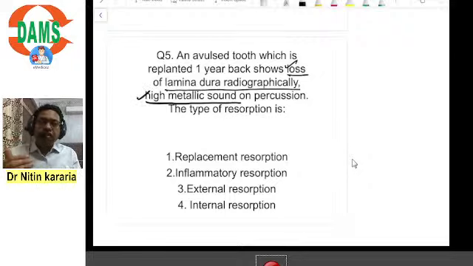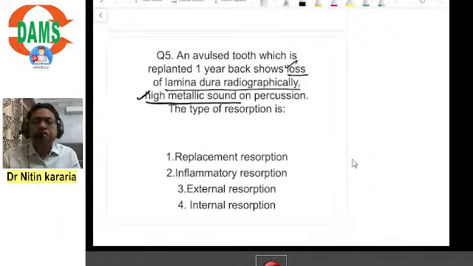A tooth avulsion is complete dislodgement of the tooth, and whenever we treat an avulsed tooth, the treatment consists of replantation of the tooth. We curette the socket and place the tooth back into the socket.